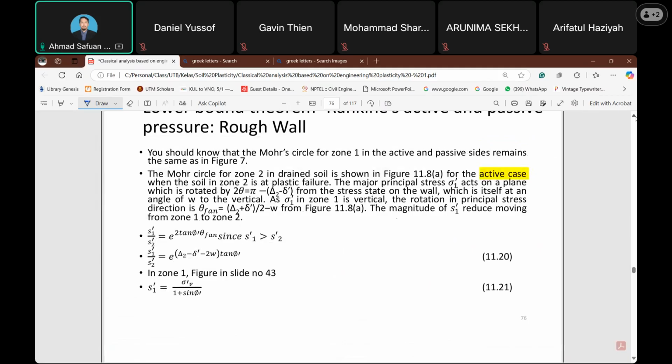Okay, so where we get this one, we have derived before here. So then the theta fan, okay, 11.20. Okay. So in zone 1, figures in slide number 43. So look at slide number 43 for the drained case. Okay, here.